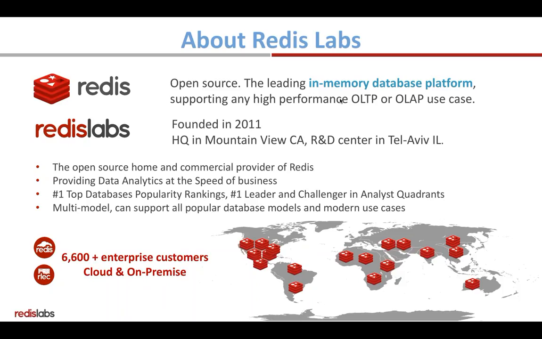To be clear, we are an in-memory NoSQL database platform allowing you to ingest massive amounts of unstructured data, providing data analytics at the speed of business. This is a requirement of modern day applications, and organizations are looking to embrace this product to address these next generation applications.